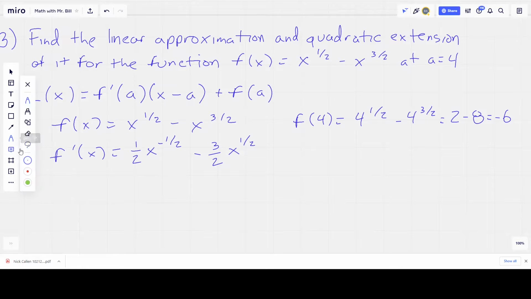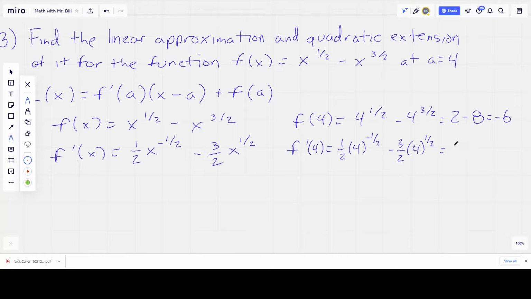Okay, and let's go ahead and find f prime of 4. So f prime of 4 is going to be equal to 1/2 times 4 to the negative 1/2, minus 3/2 times 4 to the 1/2. So 4 to the negative 1/2 is 1 over the square root of 4, which is 1/2.